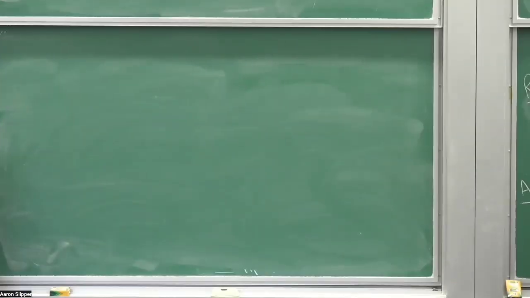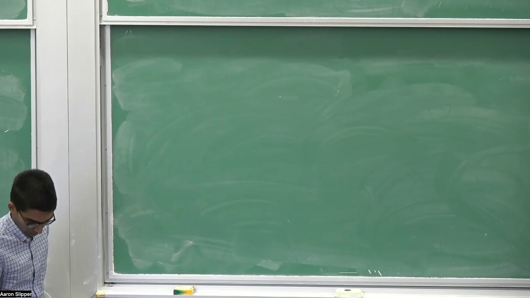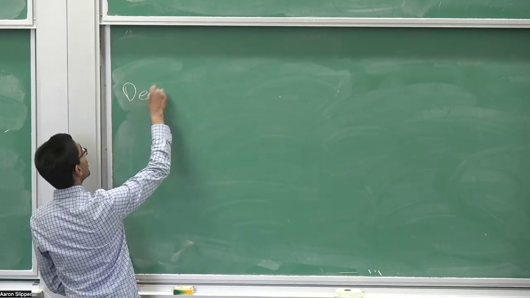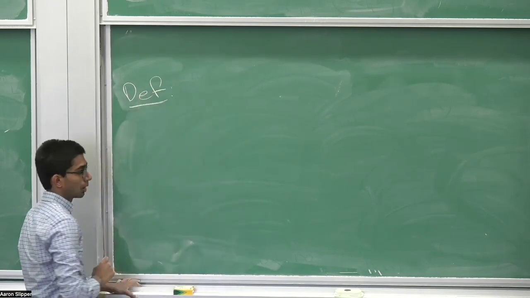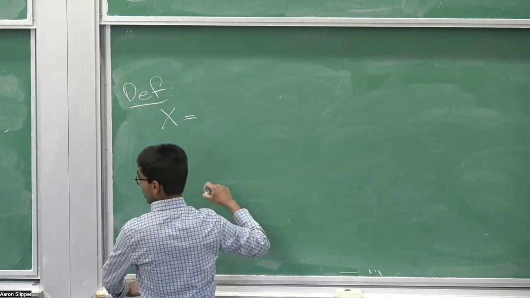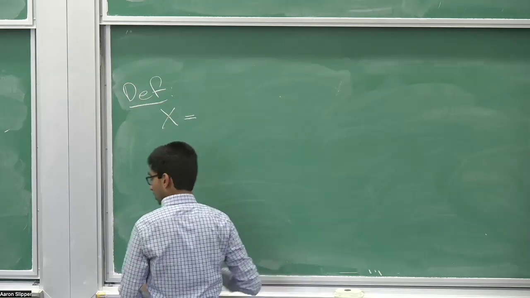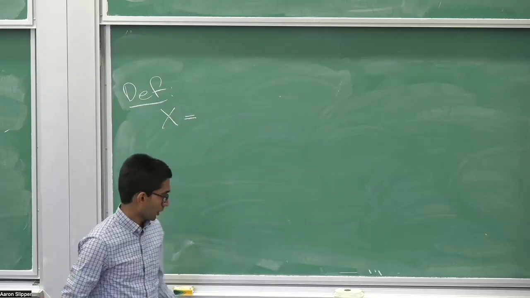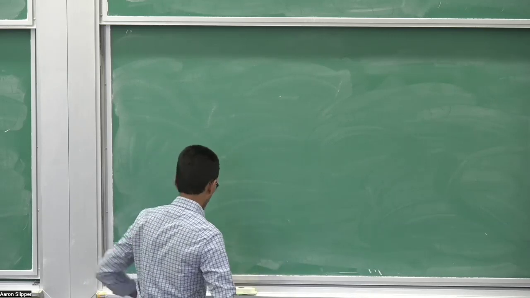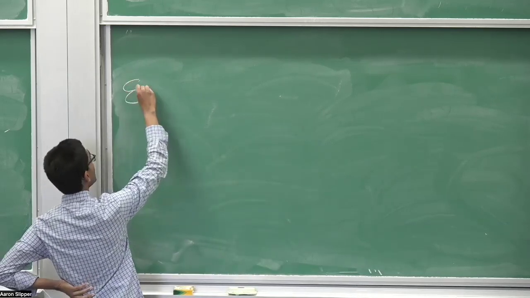Okay, so then let me define quasi-coherent sheaves. Sorry, maybe before I do that, let me give another example of how you would form a colimit in stacks or prestacks.